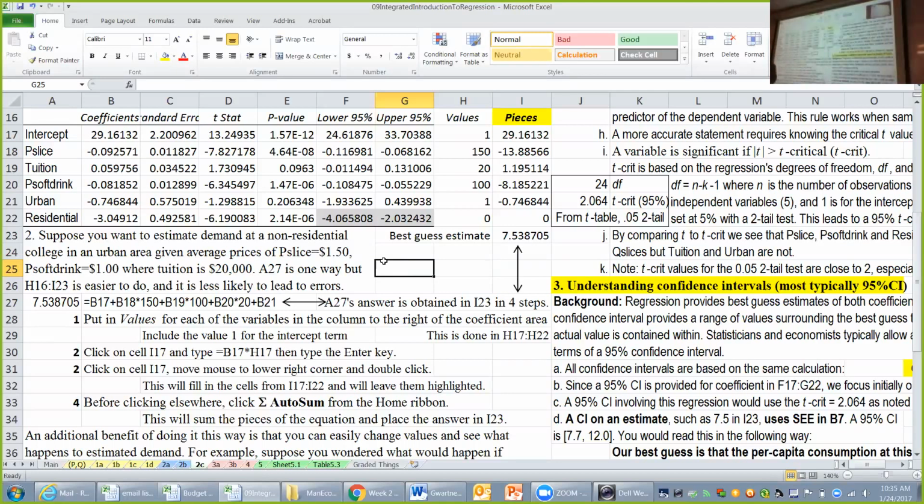What information do we have? Well, boss, in 30 other colleges around the country we collected data, and what we found is that our best guess for this town you're looking at opening up one in, where tuition is $20,000, is you're going to sell 7.5 slices.